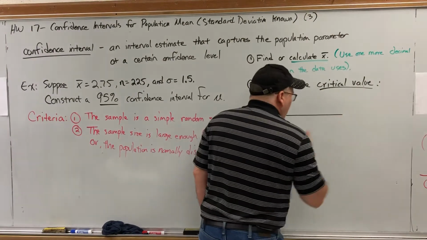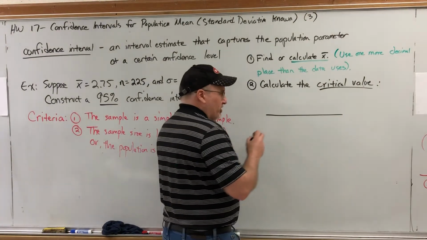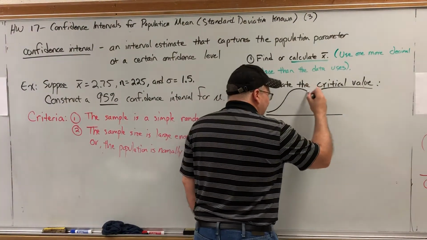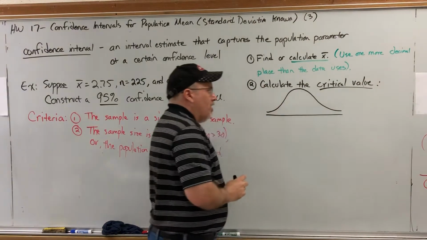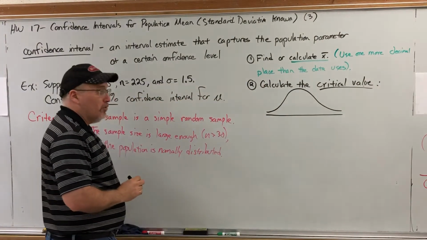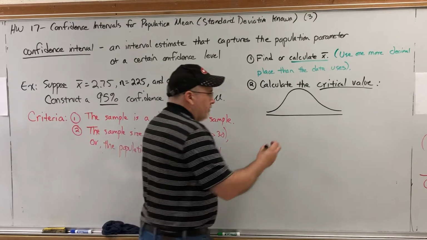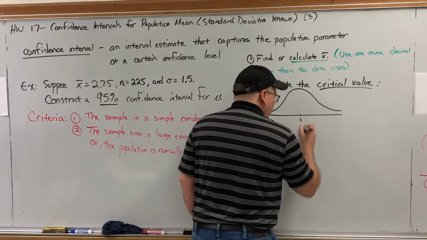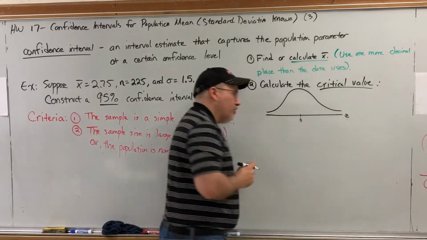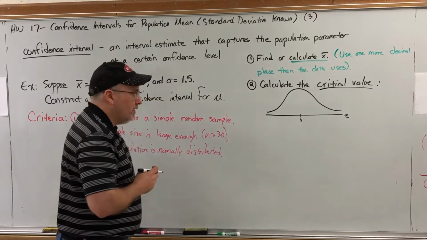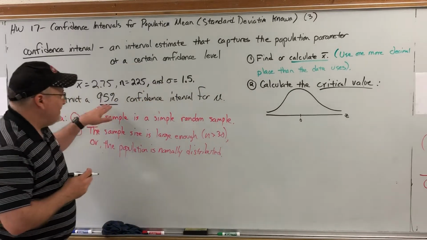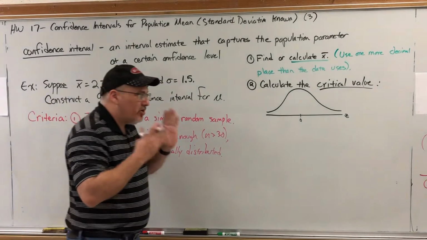Contextually, what the confidence level represents is the center area of a standard normal distribution. You remember the bell curve with the 0 in the middle and whose numbers represent z's. Again, the confidence level represents the center area.